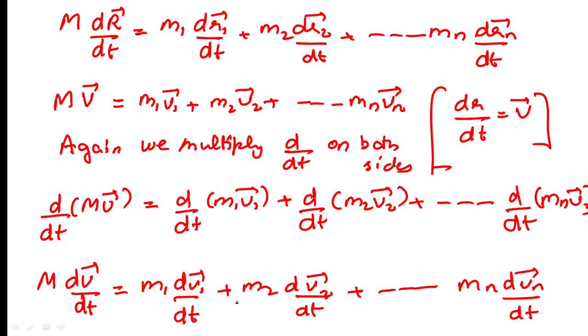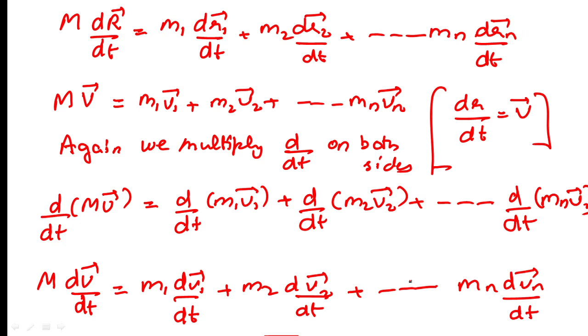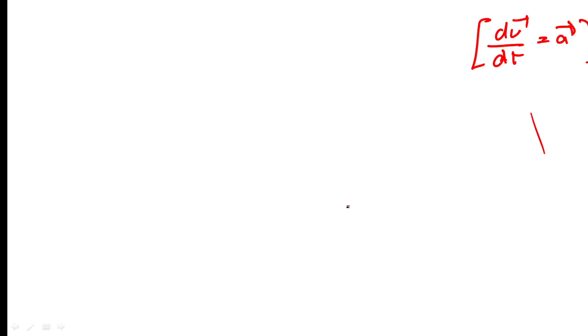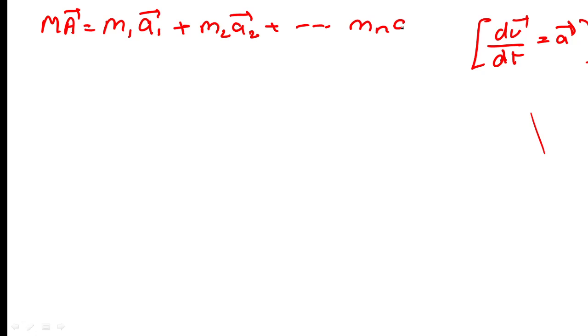So what is the change in velocity with respect to time? The change in velocity with respect to time, dv upon dt, is acceleration. So here M dV upon dt becomes M A, which equals m1 a1 vector plus m2 a2 vector plus up to mn an vector.